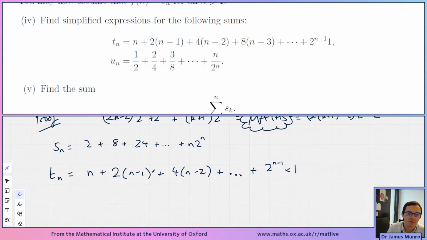The trick is to split all of these brackets. You probably don't want to split all the brackets, but if you split all of them, then things are not too bad. So crucially, if I write out one more, I guess the question is, where's the 8? Where's the 24? If I write out another term, in some sense, there's the 24. 8 and 3 is hiding in this bracket, and there's some n terms as well, but it's not too bad.